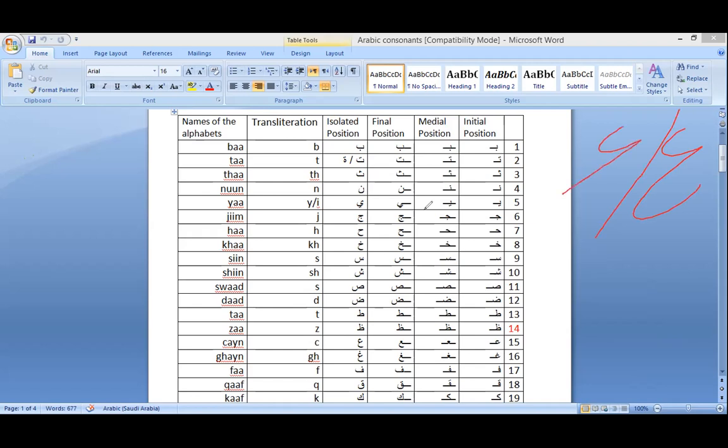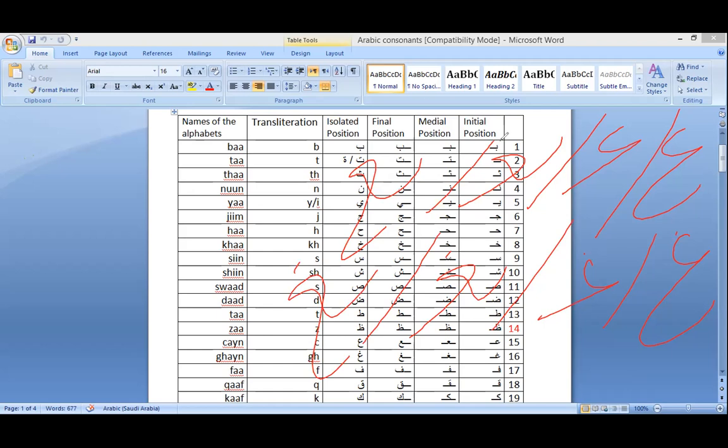This is initial. This is middle, and this is final. This is Ra, sorry. This is Ra isolated. This is Ra initial. This is Ra in the middle, and this is Ra final.